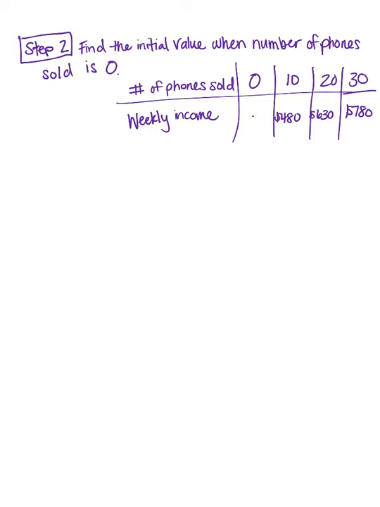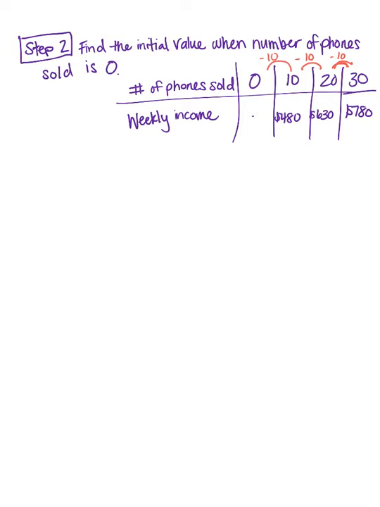So we're going to work backwards. We're going to start here at 30. And to get from 30 to 20, we subtracted 10. Okay, then from 20 to 10, we subtracted 10, and 10 to 0, we subtracted 10. Okay, now we're going to look at the bottom.